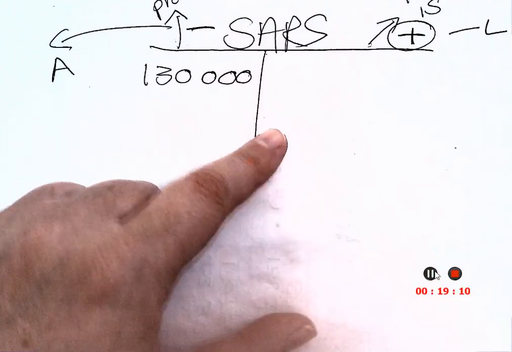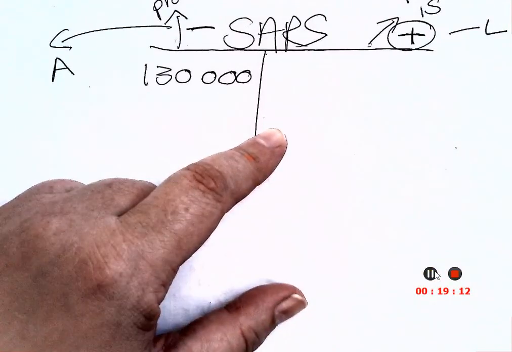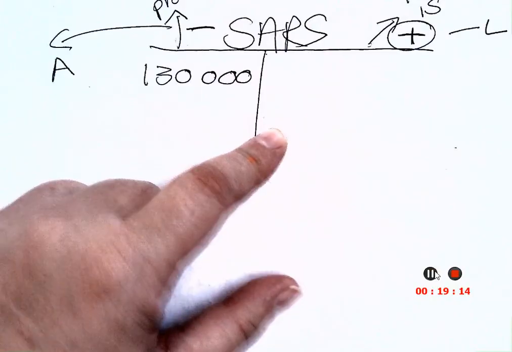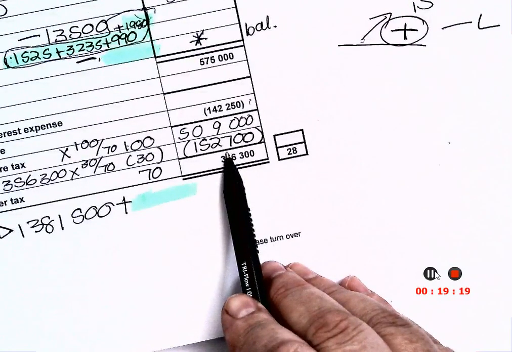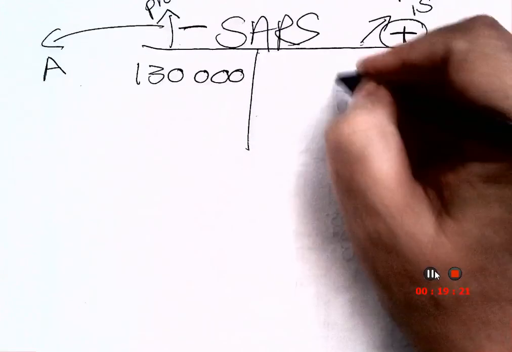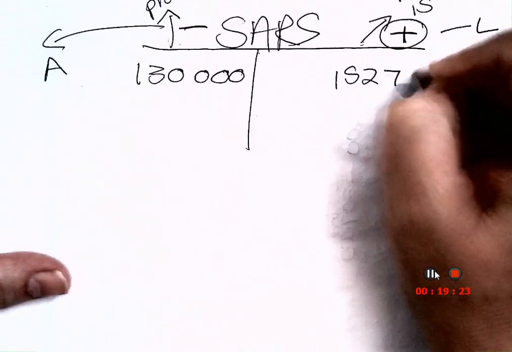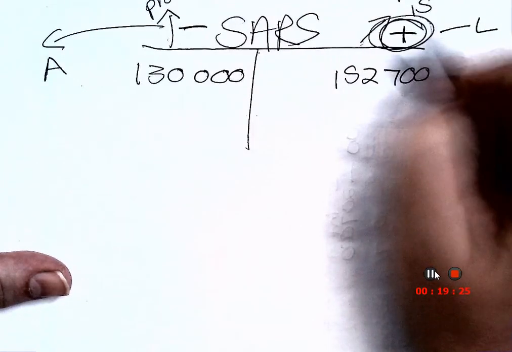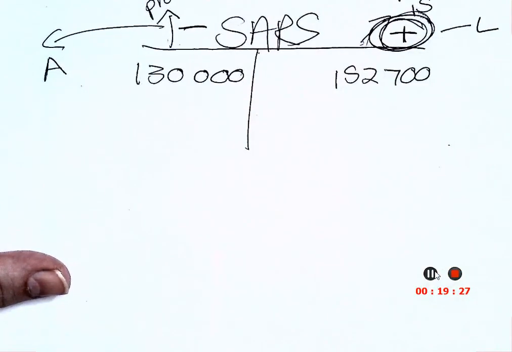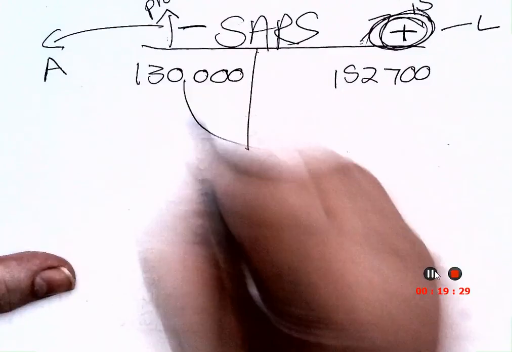Okay. Then I go look in my income statement. Remember, I did an income statement somewhere here. And there's my tax, 152,700. Now, first of all, can you see your plus side is the biggest?